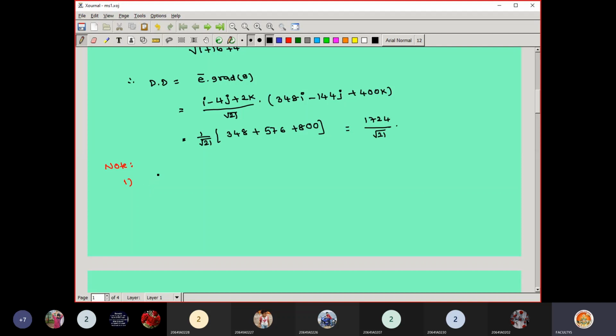Note number 1: norm of, or sometimes you can also call it mod as per your class, norm of a unit vector is always equal to 1. That is, either you can write two lines around e bar, or you can just write only modulus of e bar, that is equal to 1.